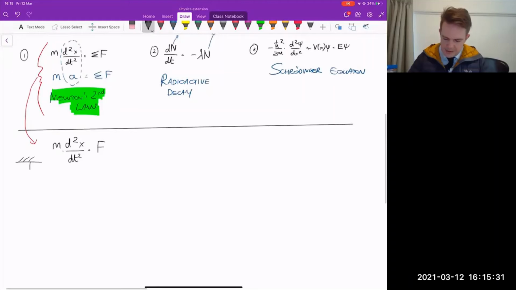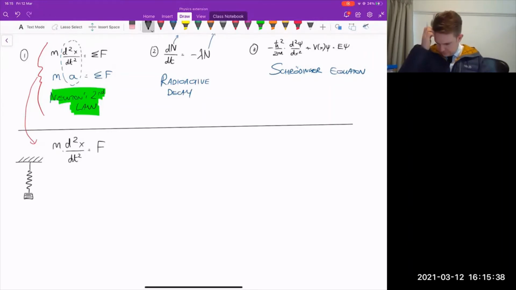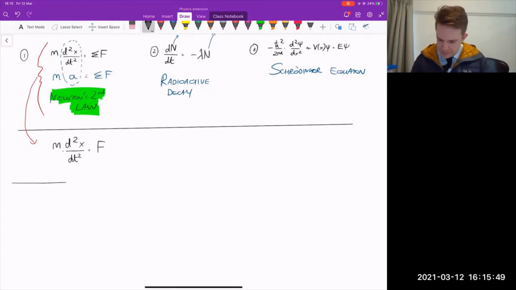I'm going to have a spring with a mass hanging from it. Or maybe, can I change that? I'm going to have a spring, horizontal spring, and it's going to oscillate back and forward.